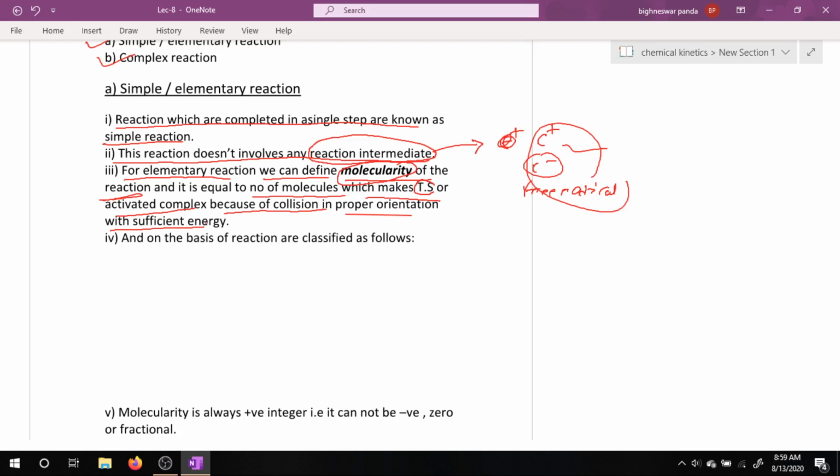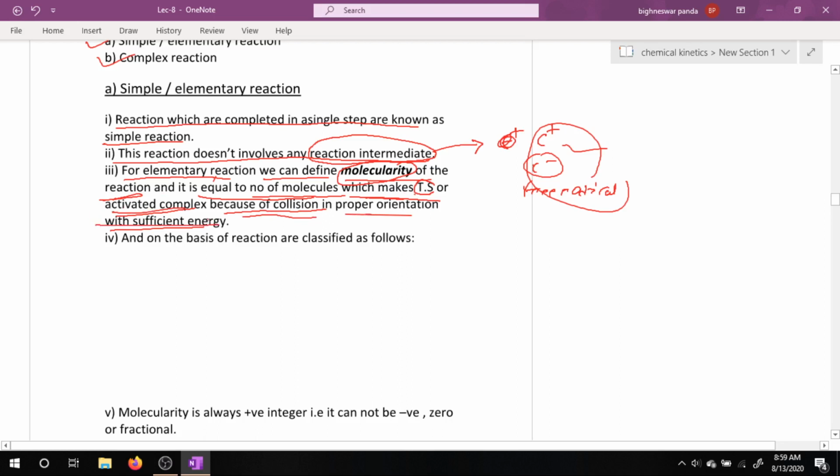While colliding, they should have proper orientation with sufficient energy.